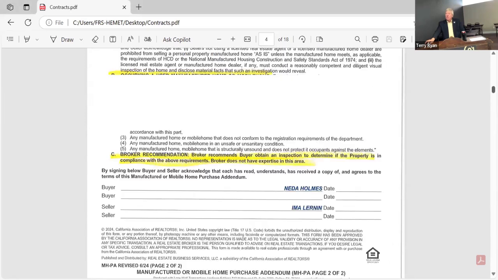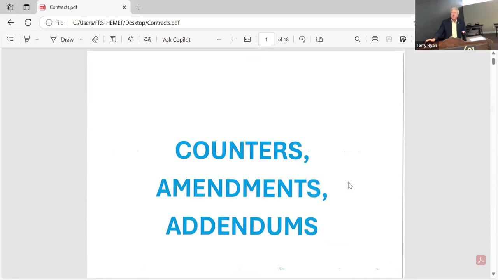Basically, just know that you can renegotiate and change and do anything that everybody will agree to. But they all require agreement because the contract itself is an agreement between two parties. So any changes, any extensions, any amendments, any addendums, anything that goes on needs to be agreed to by both parties.